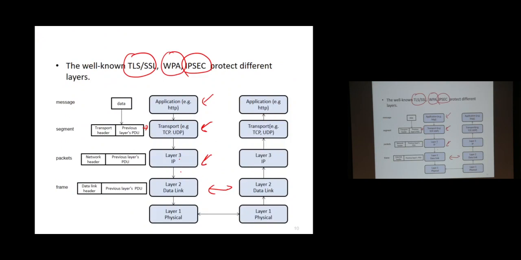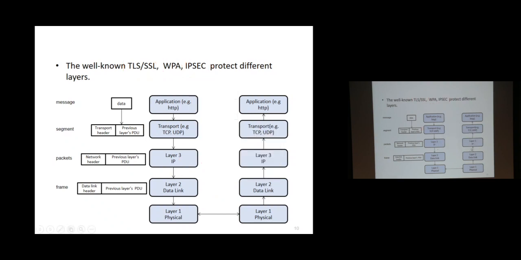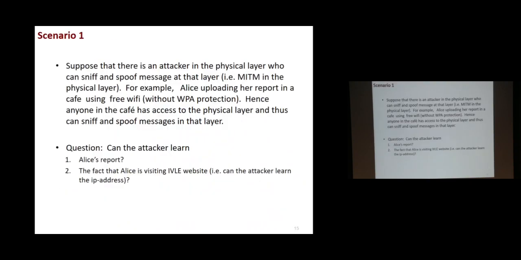So the protection mechanism, for example, when we say TLS, we will say that TLS is a mechanism on top of TCP. So TLS is here. You can see the picture over here.